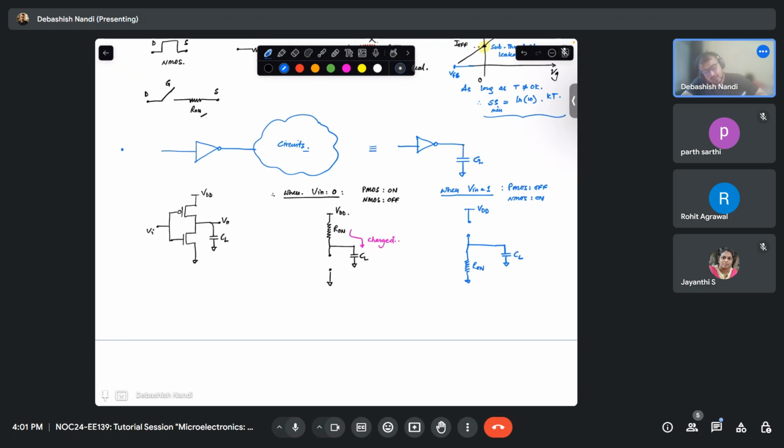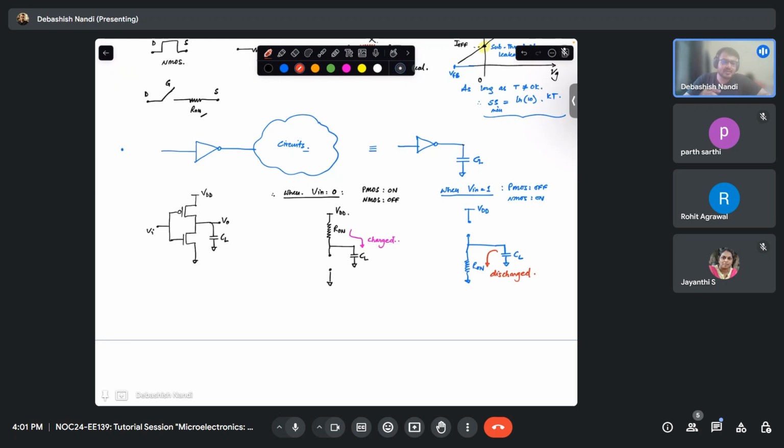So what will happen? The capacitor will get discharged. Whatever was stored in the capacitor, if it is 0, then it doesn't matter. If it is some non-zero value, then the capacitor will get discharged, right? So you see there is charging and discharging involved.